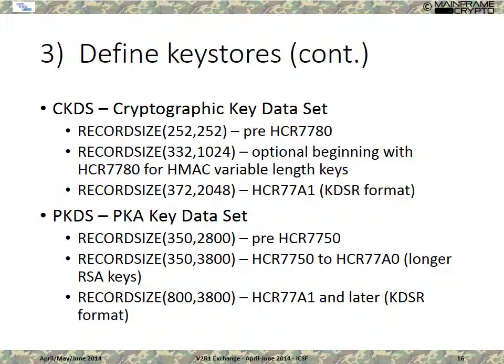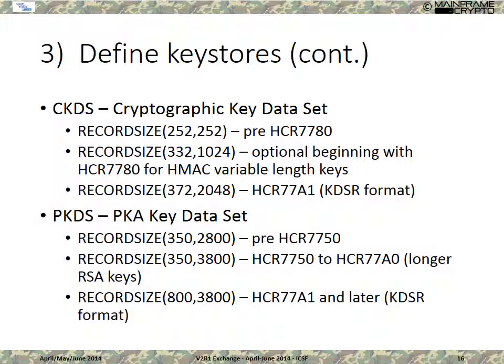On slide 16, the format of the key stores has changed over time. Going way back, prior to HCR 7780, the cryptographic key data set was a fixed length data set, record size 252 by 252. With HCR 7780, we introduced a new type of key called an HMAC key.